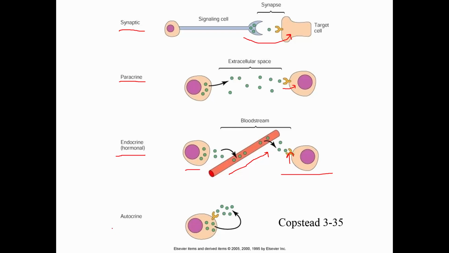There are also cases, and we also find this in the immune system, where you have a cell that produces a substance, and that substance turns around and interacts with the very same cell. And we have a name for that, and that's called autocrine. Our discussions are going to center around the traditional definition of an endocrine substance.